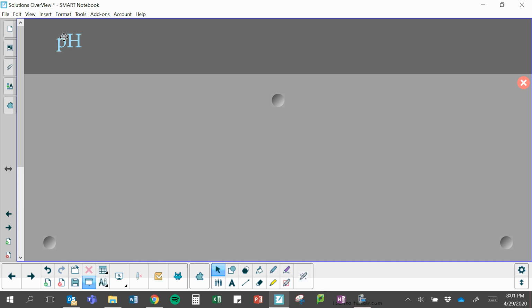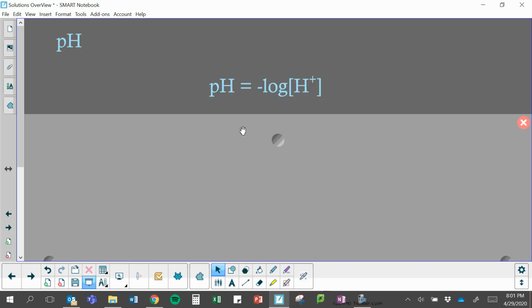And the big thing is what pH is actually standing for: pH is the negative log of the concentration of the hydrogen ions in the solution. So whenever you see this bracket symbol, that's usually talking about concentration of whatever's inside of the bracket. So this is saying the negative log of the concentration of our hydrogen ions.